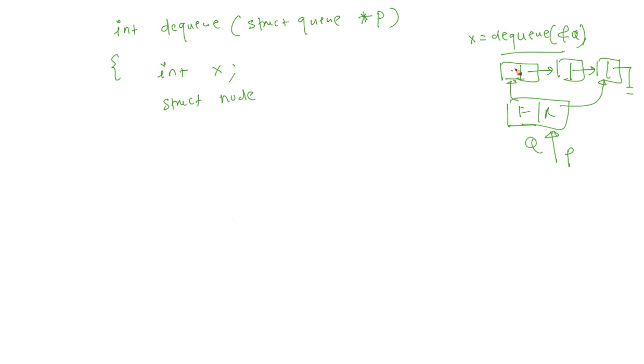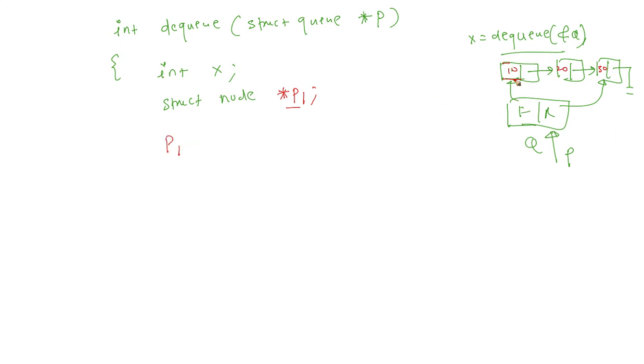Right, so this is the queue. So I need a pointer pointing to the node which I want to delete. Of course, the node pointed by F will be deleted. So the type of pointer will be node star P1.